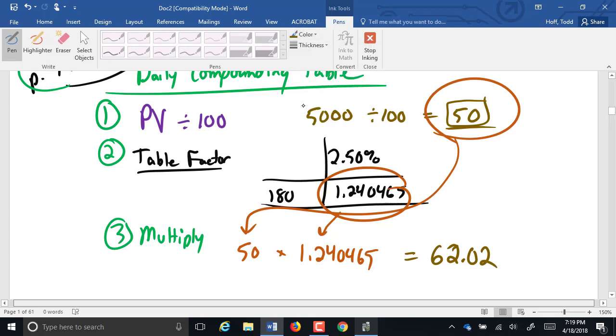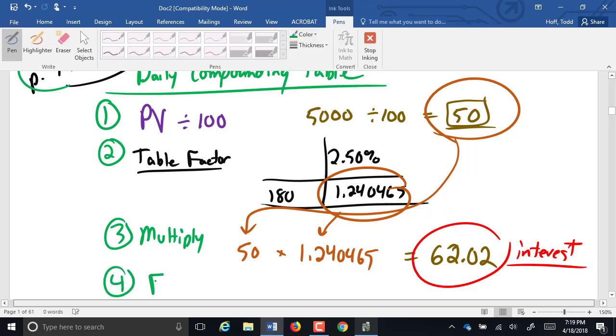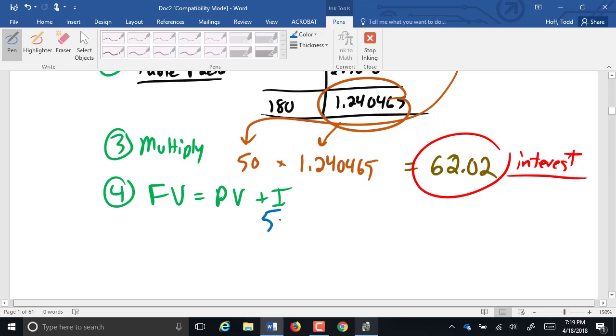This amount that we found here is the amount of interest, not the future value. So to get the future value, that's step 4. That's our present value plus the interest. So that'll be our $5,000 plus that 62.02, which is $5,062.02.